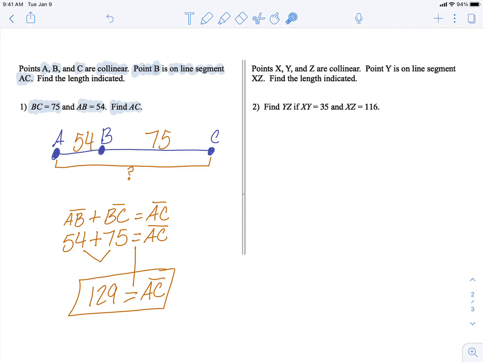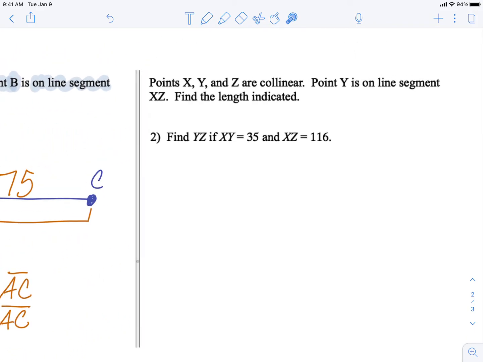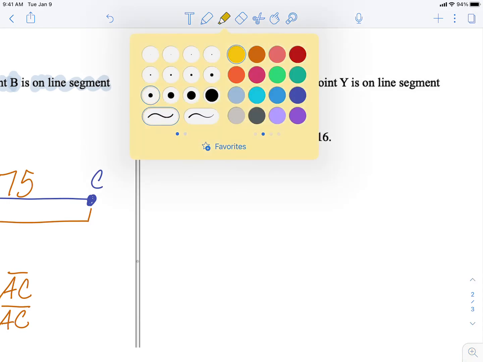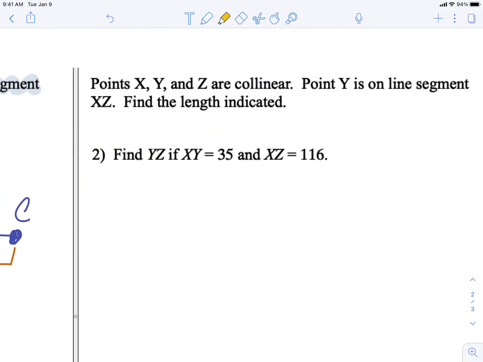Finally, last problem. Let's set up this last problem here. So it says points X, Y, and Z are collinear. That means they're on the same line. Point Y is on line segment XZ.